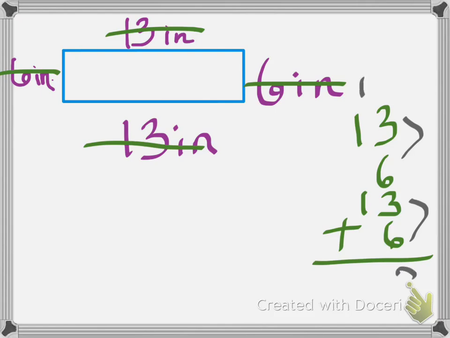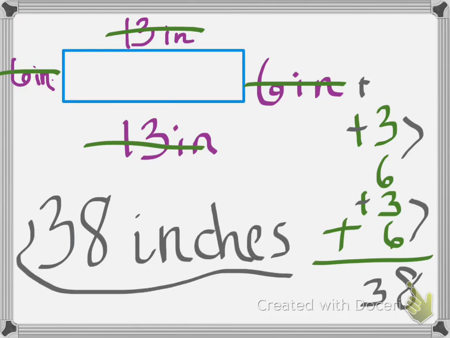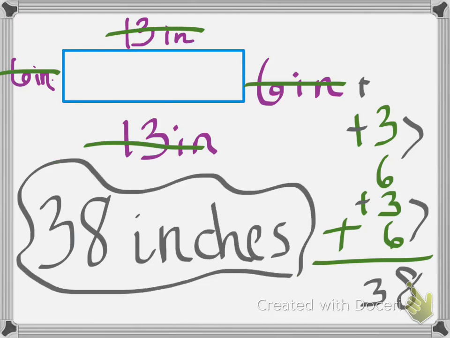Add that together, you get 18. You carry the 1, and you drop the 8. Then we have 1 plus 1 plus 1 is 3, making our answer 38 inches. See? It's not that difficult to figure out what the perimeter of an object is.